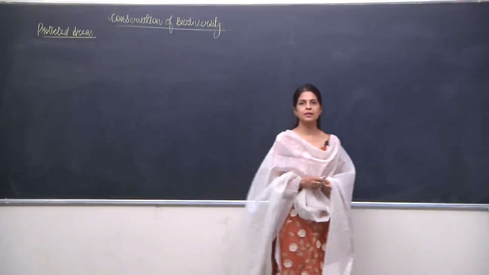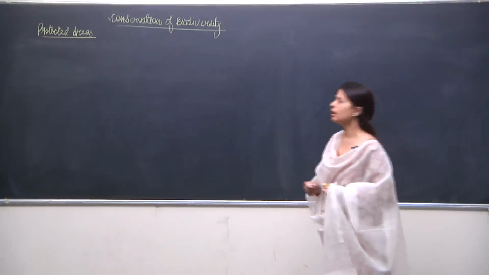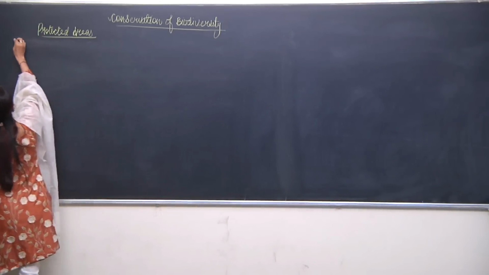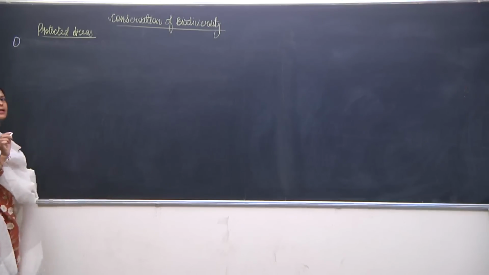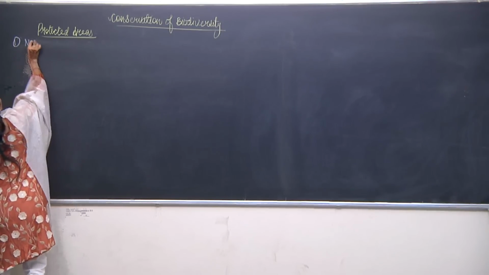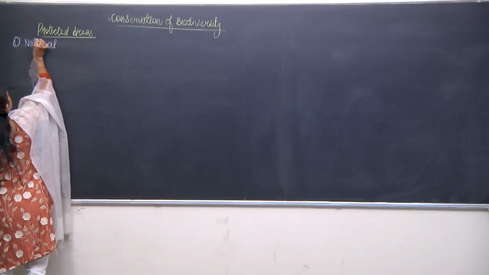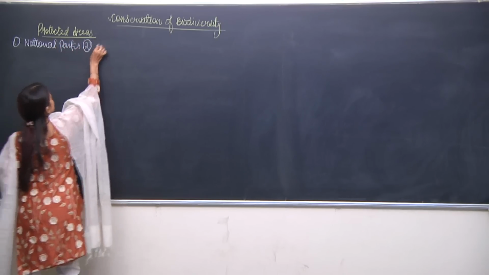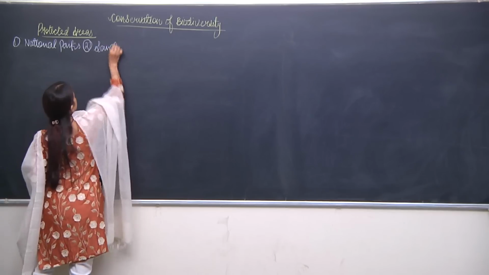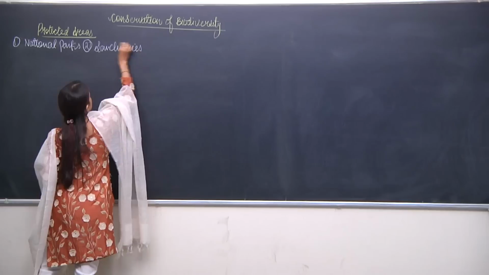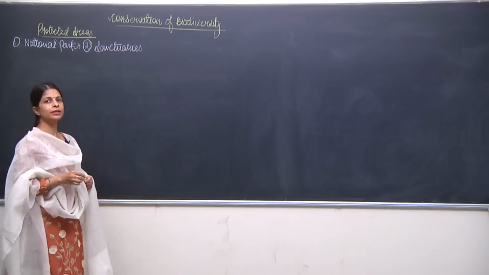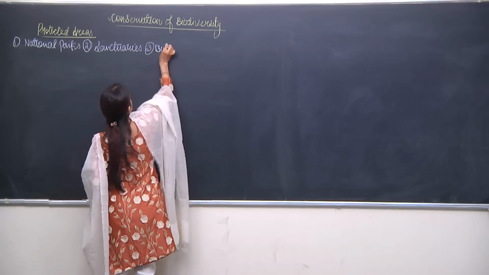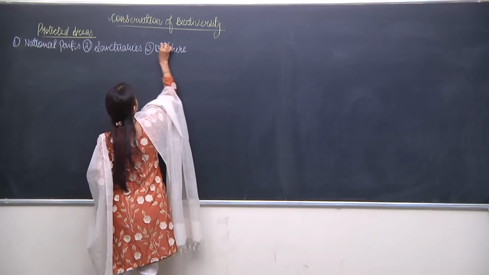So we will continue our discussion. Actually, we are discussing the protected areas, and in these protected areas we have already discussed the national parks, the sanctuaries, and the biosphere reserves.